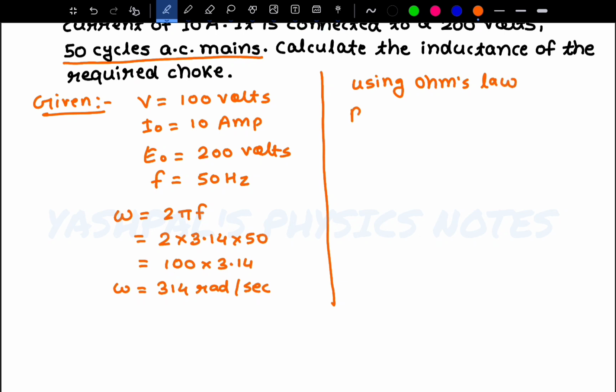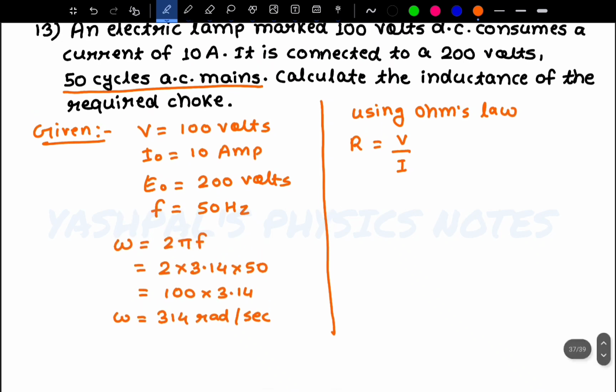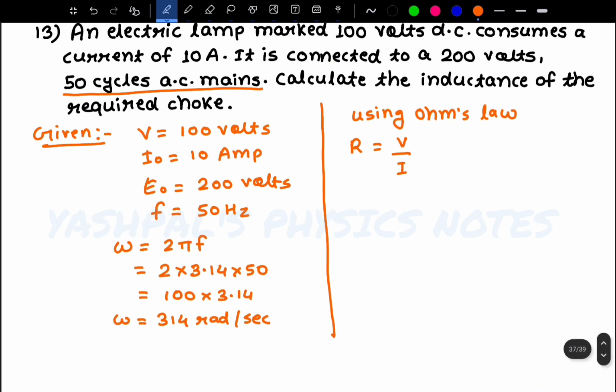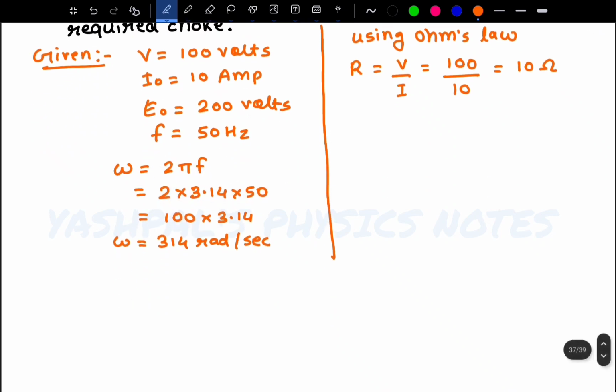Using Ohm's law, resistance will be equal to voltage upon current. Here voltage is given and current is also given. So voltage is 100, current is 10, so our value is 10 ohm. So here we have found out the resistance value as 10 ohm.